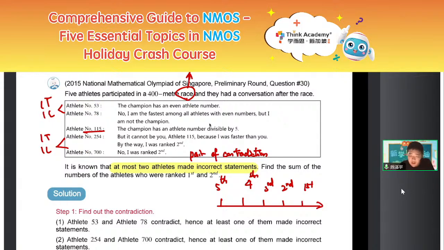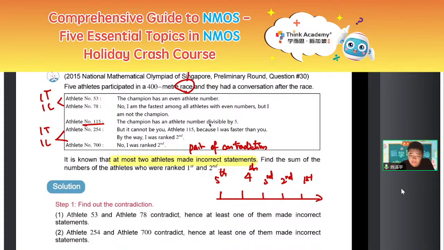Okay, so athlete 115 says, this is correct, let me tick here, the champion has an athlete number divisible by 5. So what do we know? If it's divisible by 5, that means the champion can be 115 or 700. Right, 115 or 700. Okay, problem is we don't know if it's 115 or 700, right?